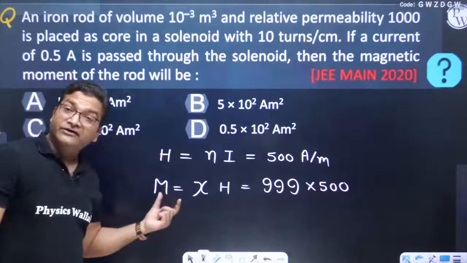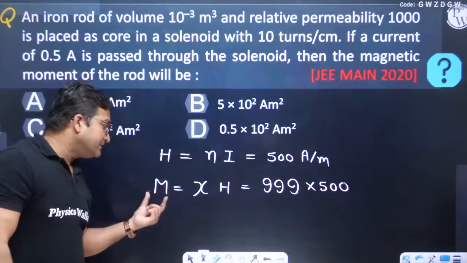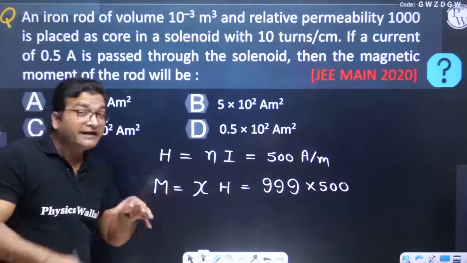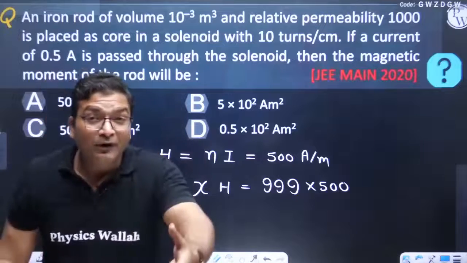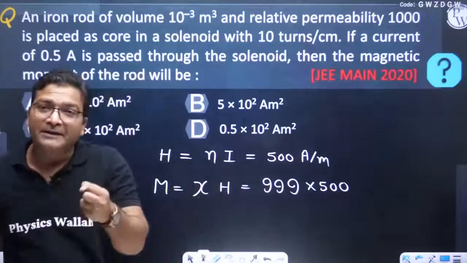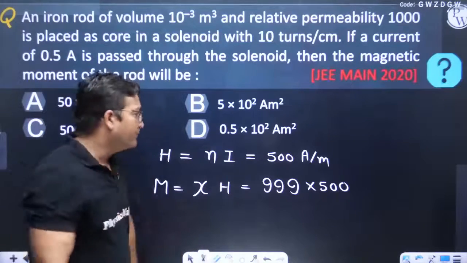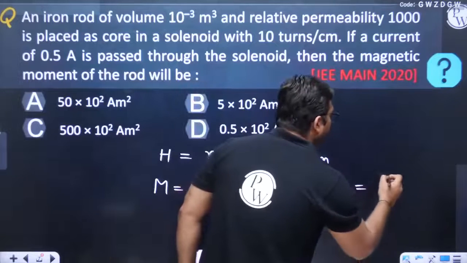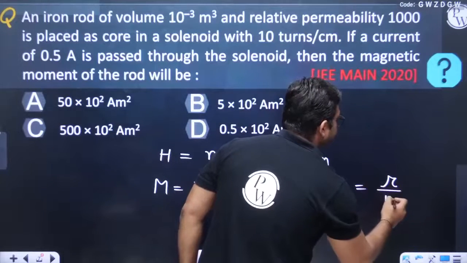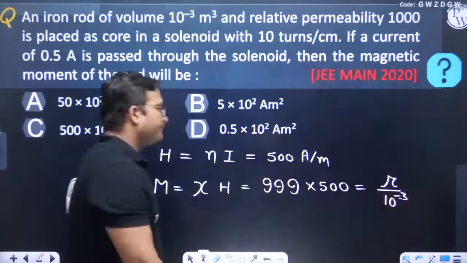This is the intensity of magnetization, and it is actually equal to the net magnetic dipole moment divided by volume. So we can write it as mu divided by the volume, which is 10 to the power minus 3.